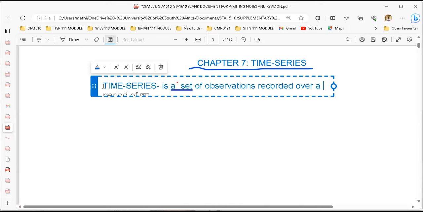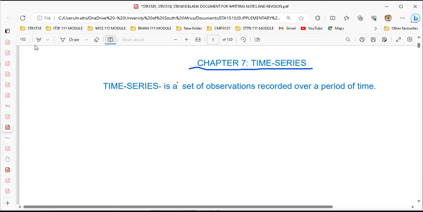When we are talking about time series, we are talking about a set of observations recorded over a period of time. So this is the definition of the time series.